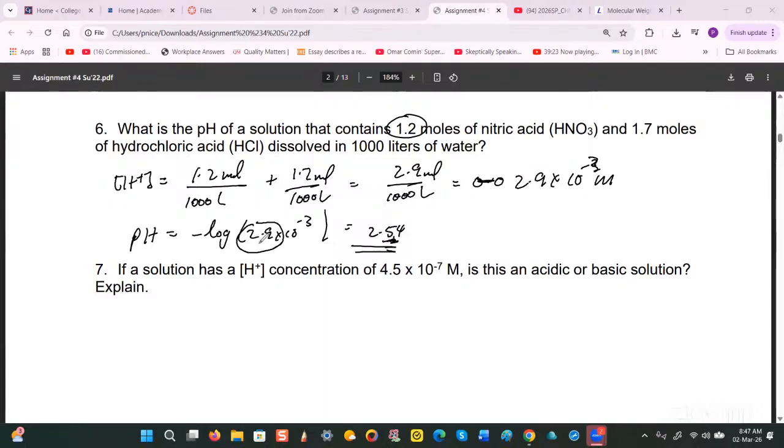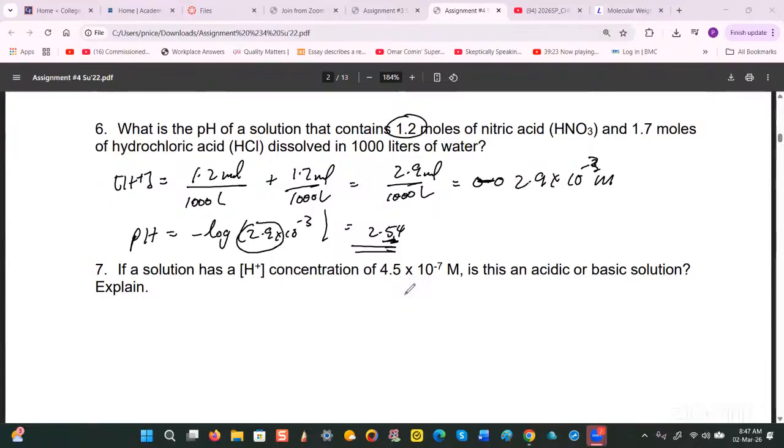So in this case, we have 2 sig figs here, which means that once you find the minus log of 2.9 times 10 to the minus 3 on your calculator, you round off your answer to 2 decimal places, right? So whatever the number of sig figs in the number that you're finding the log of, you round off your final answer to the same number of decimal places.